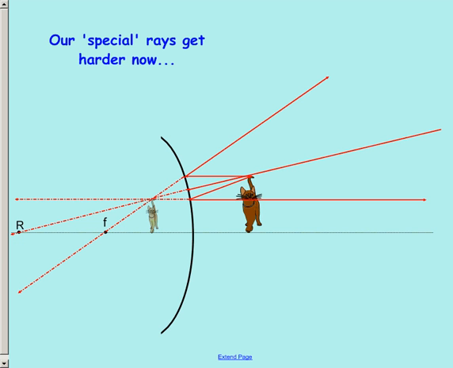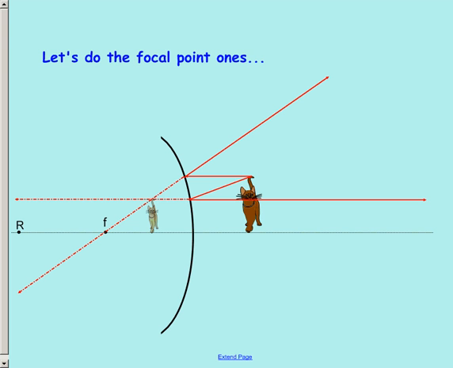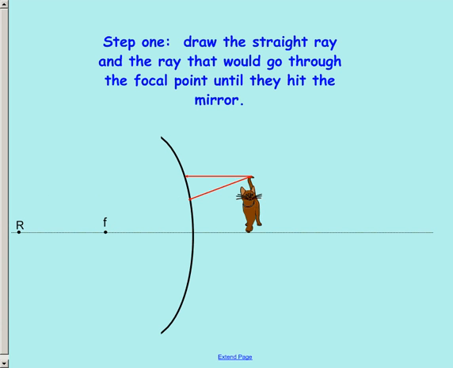All right, so first of all, we're going to start with the ones that go through the focal point, these two. Okay, so I'm going to walk you through how to draw this. What I want you to do first is draw the mirror, focal point, the radius of curvature, and the cat or a tree or whatever else you're doing. And here's step one.